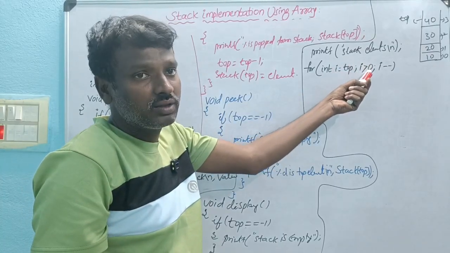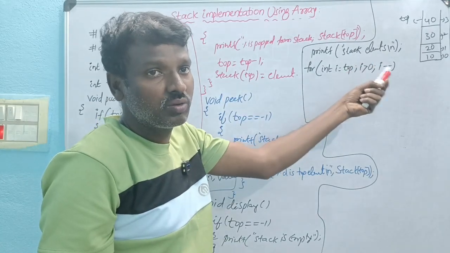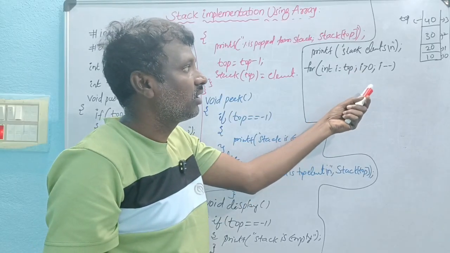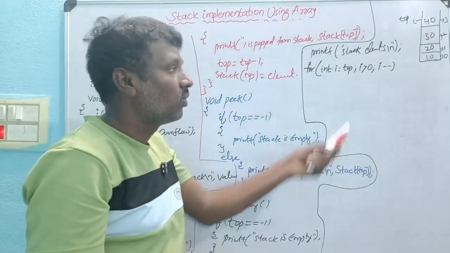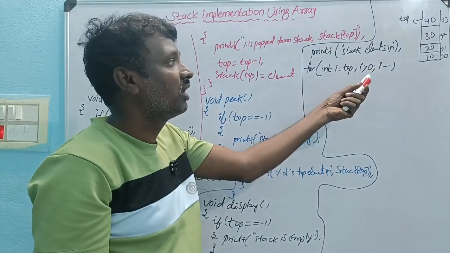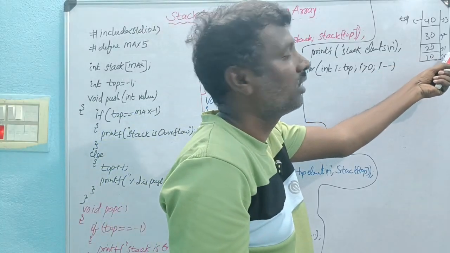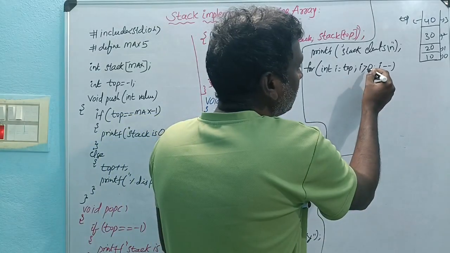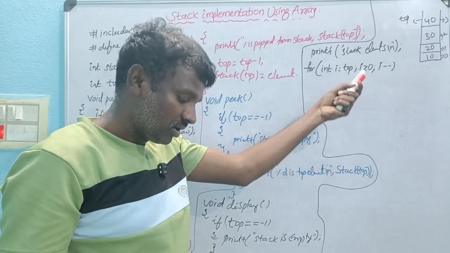That 2 is greater than 0, so it satisfies the condition, then the element at the second position of your stack will be printed. After the second iteration, i decreases to 1, which is greater than 0, so the condition is satisfied. Another iteration decreases i to 0. Since i is greater than or equal to 0, it will display one by one.